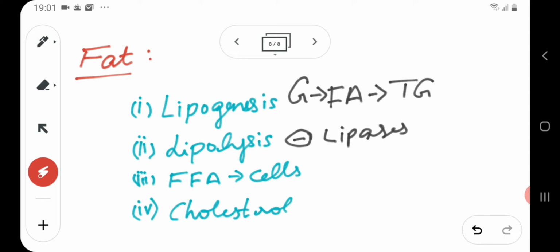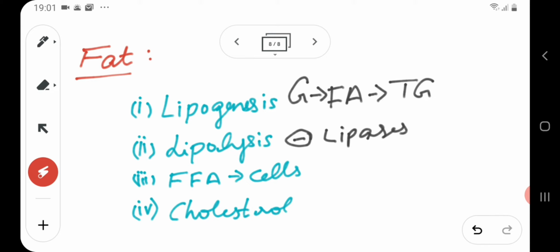The importance of free fatty acid entering the cell is that when there is a normal level of insulin, the free fatty acid enters the cell and there is deposition of fat. Suppose there is an insulin deficiency in cases of diabetes mellitus, the free fatty acid is not able to enter the cell as occurs normally.